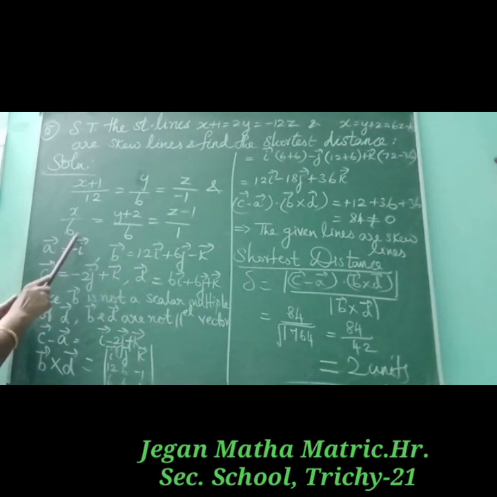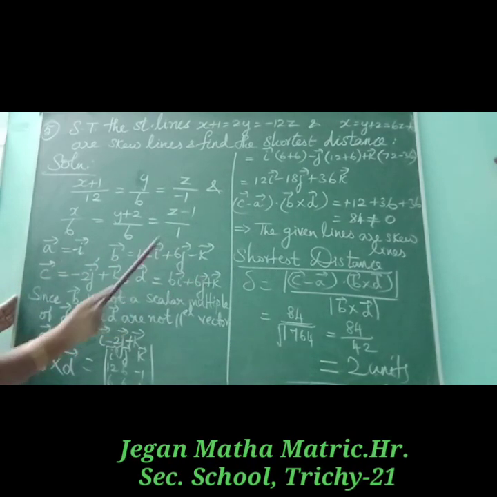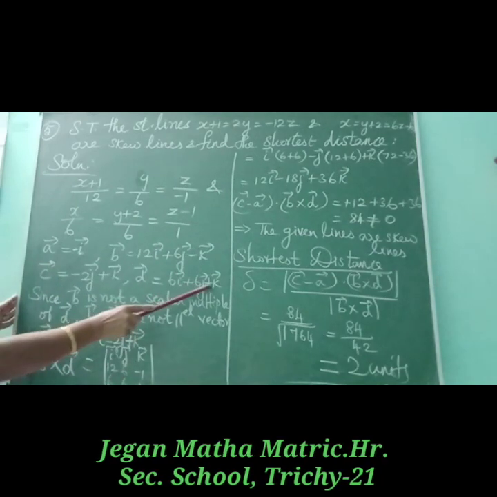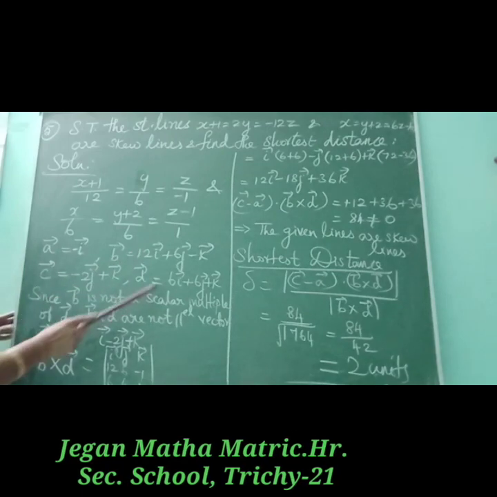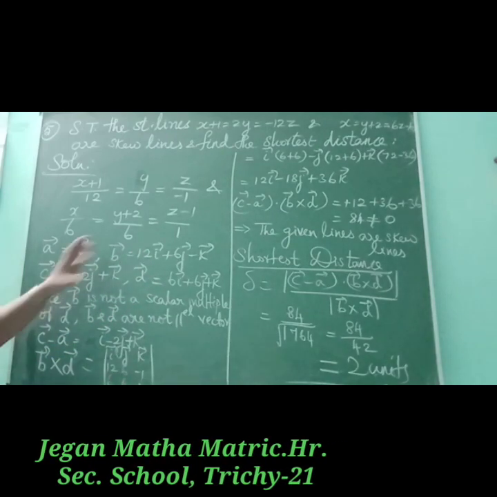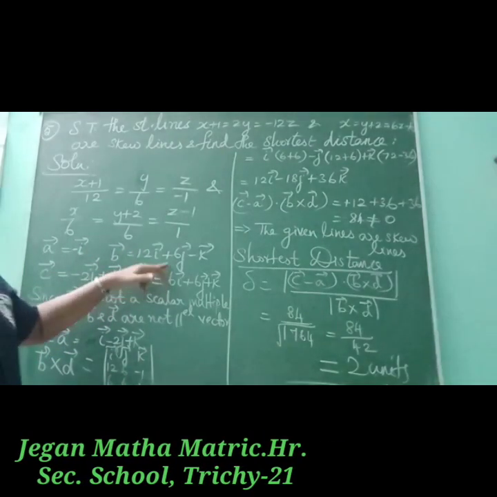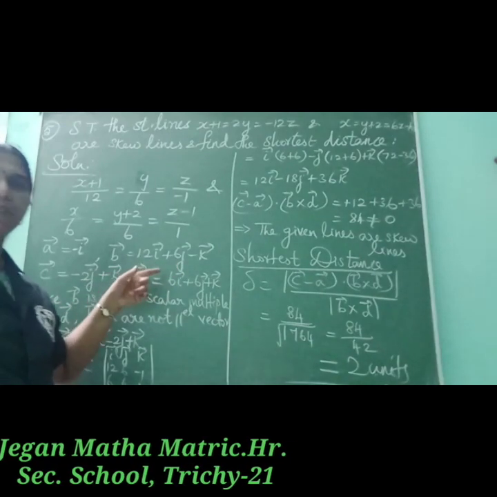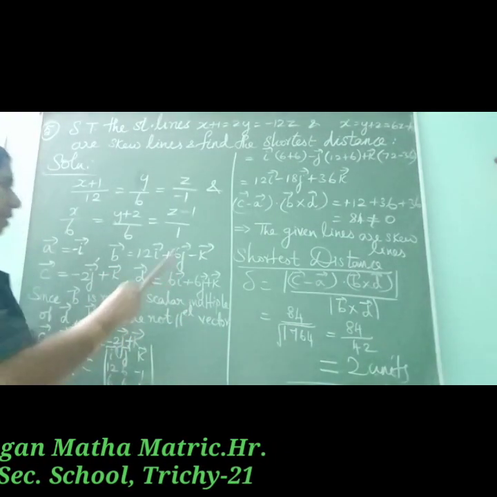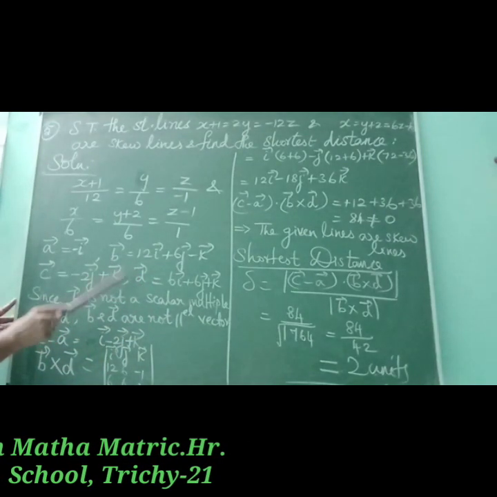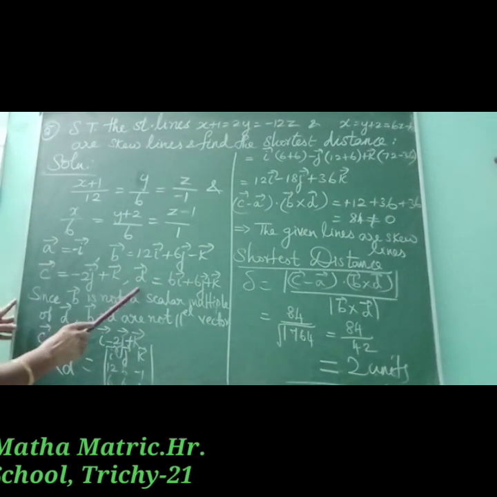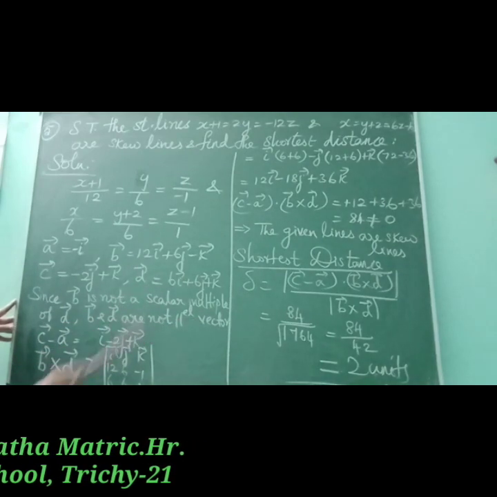D vector is 6i plus 6j plus k. Now b is not a scalar multiple of d vector. If any one vector is a scalar multiple of the other, then you can say the two given vectors are parallel. Here we cannot express b vector as a scalar multiple of d, so we can say b and d are not parallel vectors.